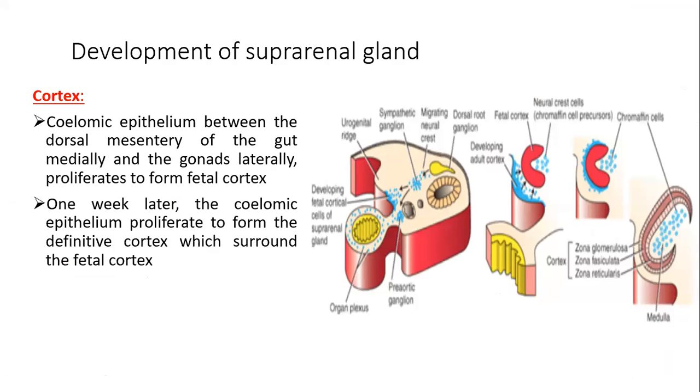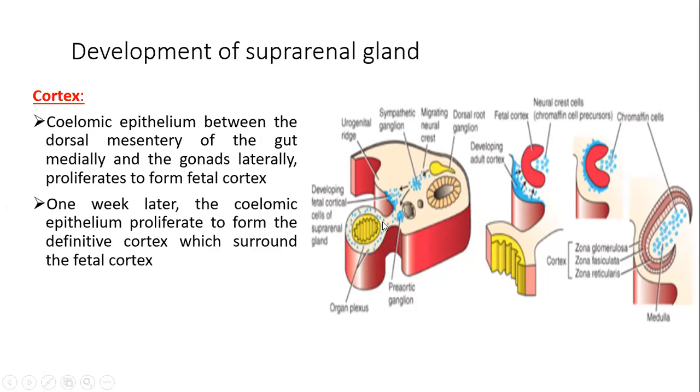Now coming to the development of the suprarenal gland. So how does the suprarenal gland develop? Okay. So if you see the cortex, which is the outer covering of the suprarenal gland, the coelomic epithelium between the dorsal mesentery of the gut medially and the gonads laterally proliferates to form the fetal cortex. If you see here, this is the mesentery. Mesentery means the peritoneal covering, which is covering the intestines.